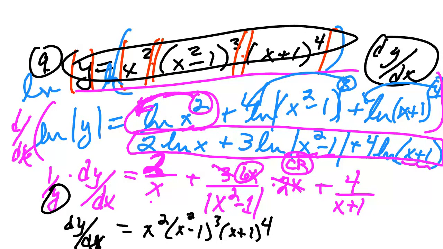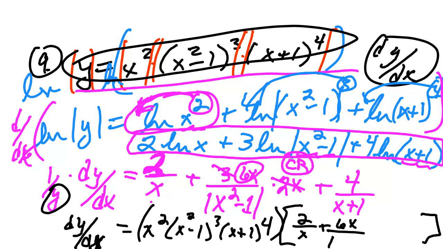So that's y times the purple function here. So 2 over x plus 6x over the absolute value of x squared minus 1, and then plus 4 over x plus 1. And then, of course, we can look at the back of the book to verify that that's all correct. But that's dy dx.